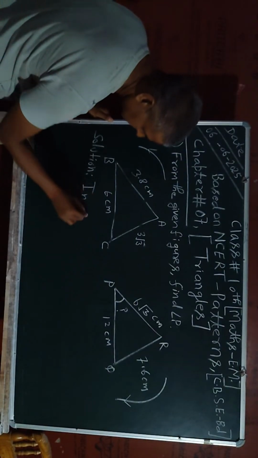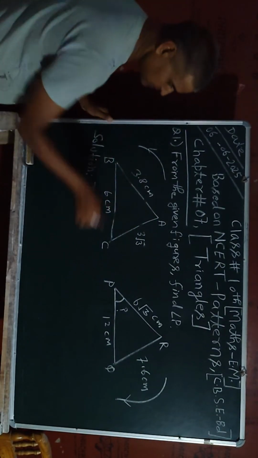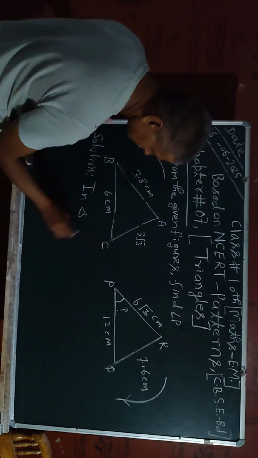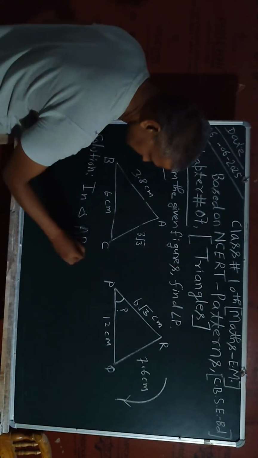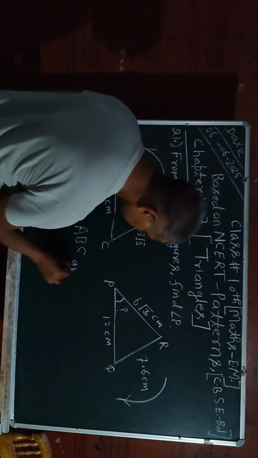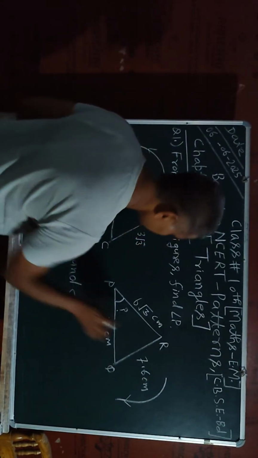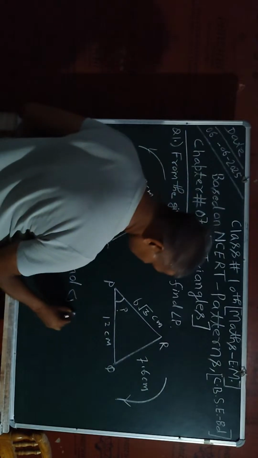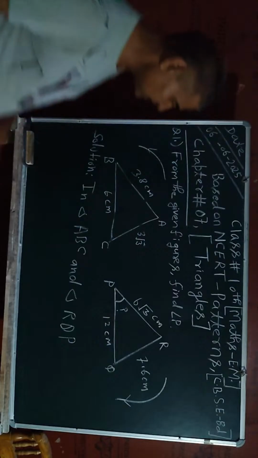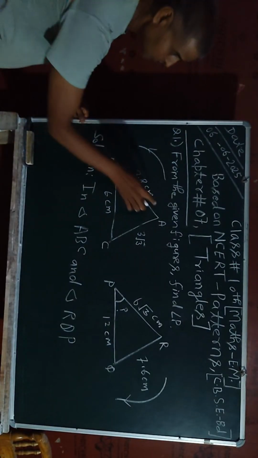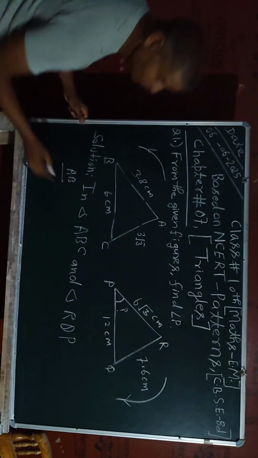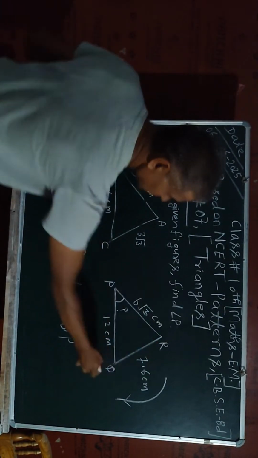In triangle ABC, here I am going in the anti-clockwise direction, triangle ABC. And here I will consider the clockwise direction, triangle RQP. In both triangles I will take the ratio AB divided by RQ.